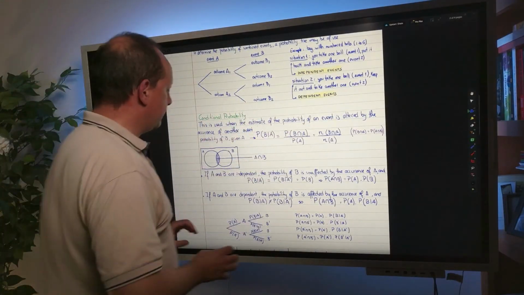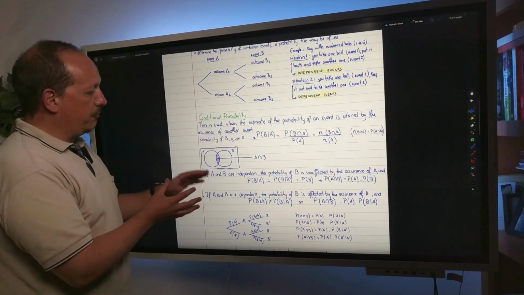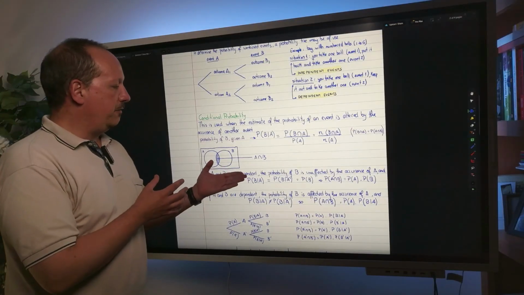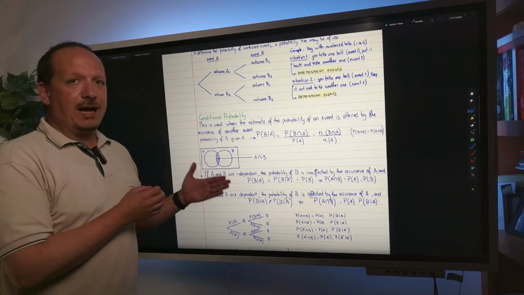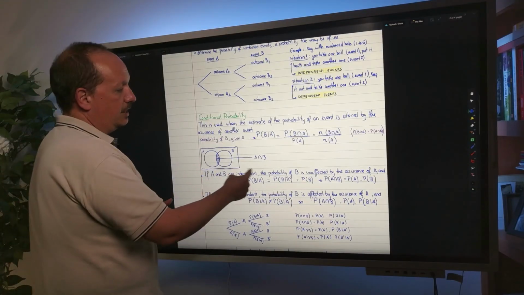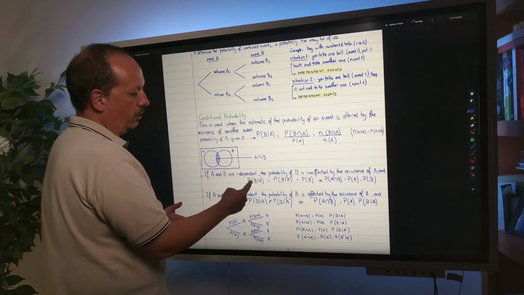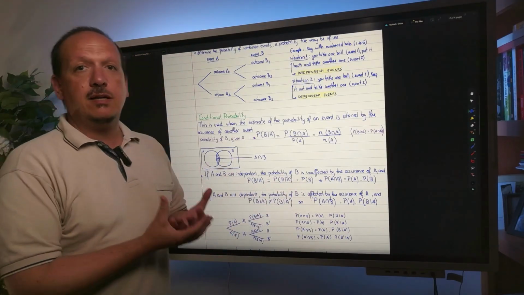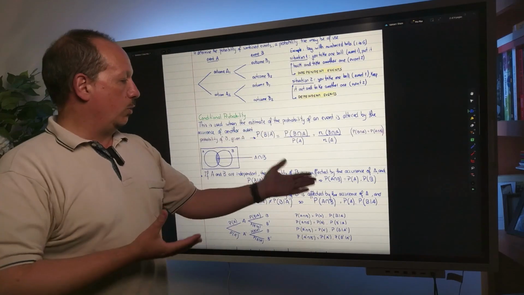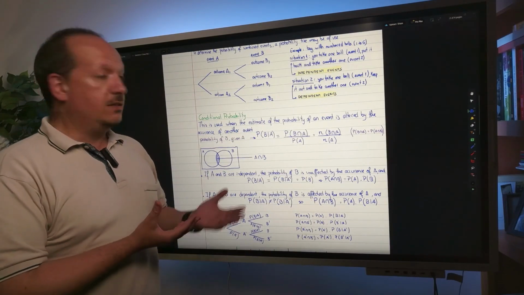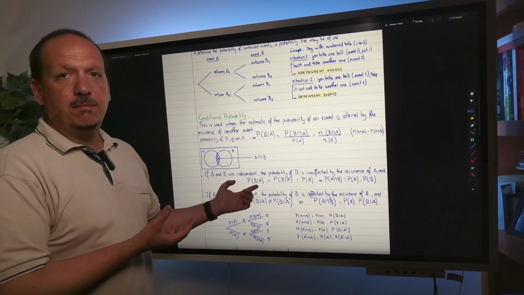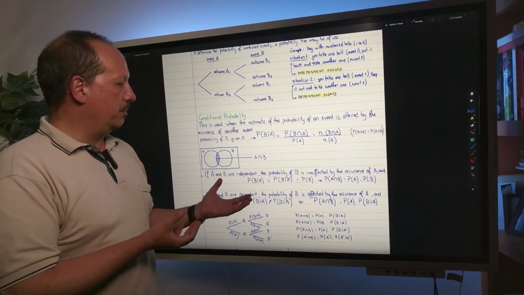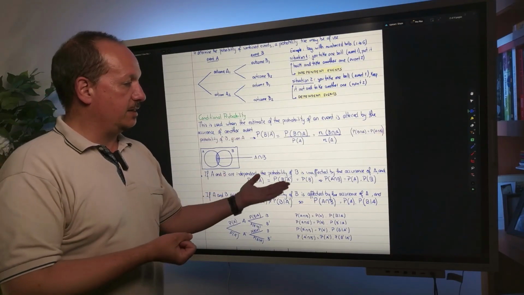Okay, knowing this, what's going to happen if you have either an independent event or a dependent event? If you have an independent event, the probability of B given A is just going to be whatever the probability of B is. In the example before, it was 1/5. It doesn't depend on what happened to A. The probability of getting the ball out of the bag, since you have 5, is still 1/5.